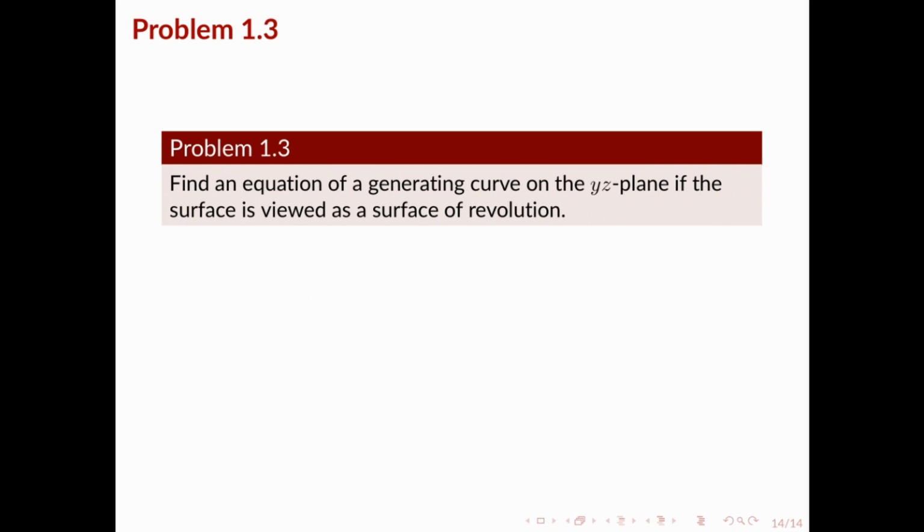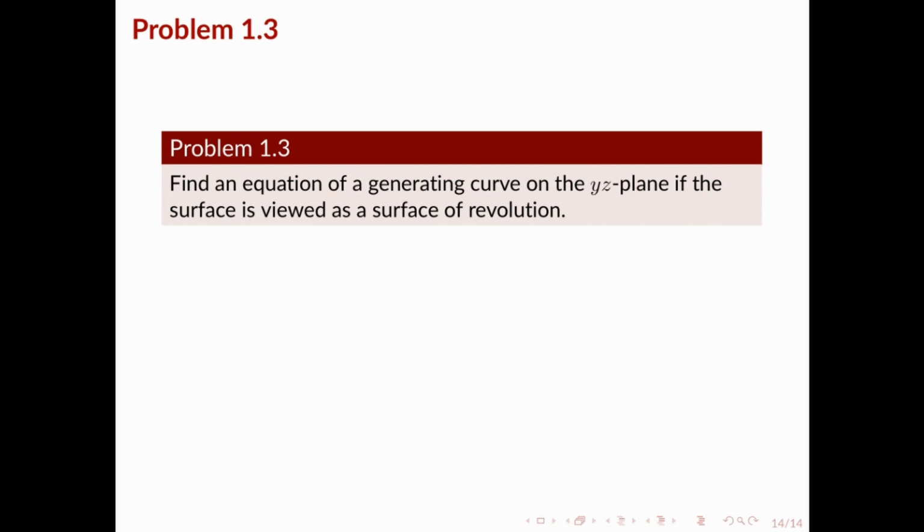Okay, the third and last part of our problem is to find an equation of a generating curve on the yz plane if the surface is viewed as a surface of revolution. So, the curve we're looking for being on the yz plane is a fact that helps us narrow something down. If the curve is on the yz plane, then we have two choices.